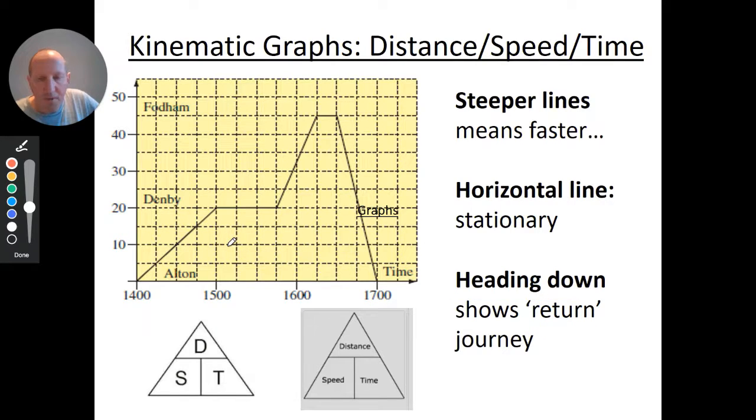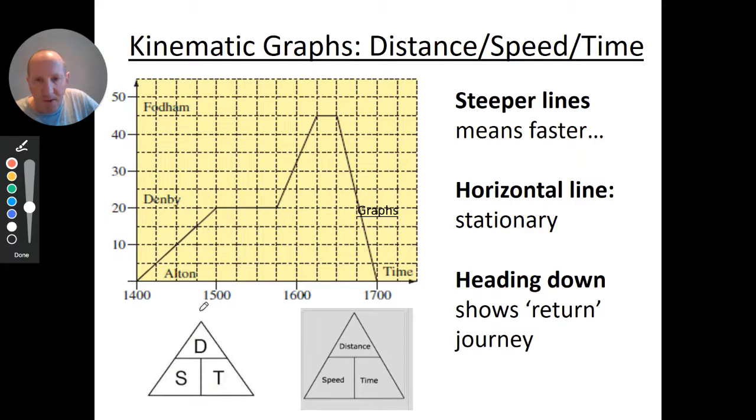The crossover from science comes from these calculations here. So you might have seen these triangles. You can work out the speed by doing the distance divided by the time. You can work out the distance by doing the speed multiplied by the time.